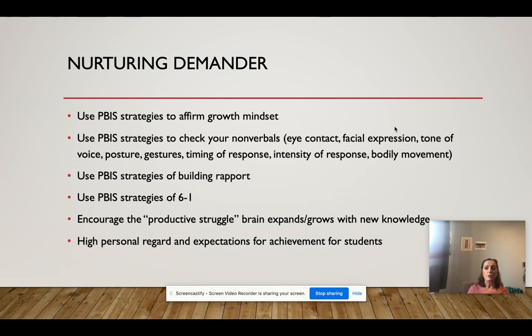You want to use the PBIS strategy of building rapport. You want to find out about this kid. They're not just a student in a seat. You want to know what their interests are, what they're passionate about outside of school. Maybe you're going to notice who they play with or what they do or what they're carrying or what might be on their backpack.